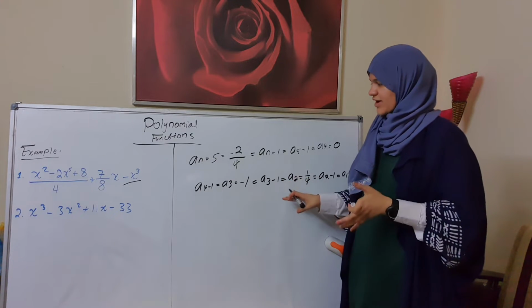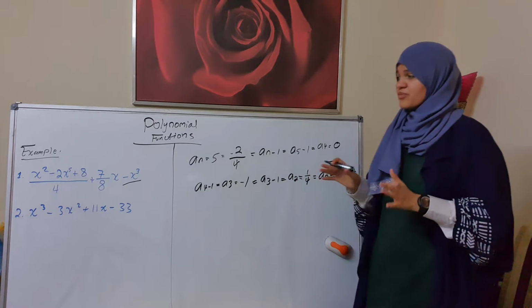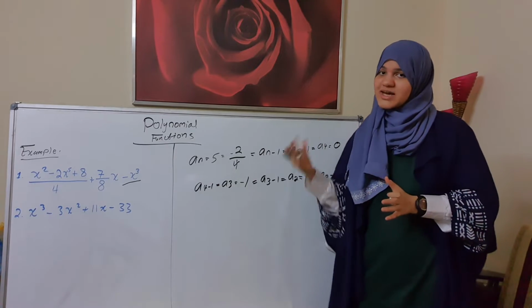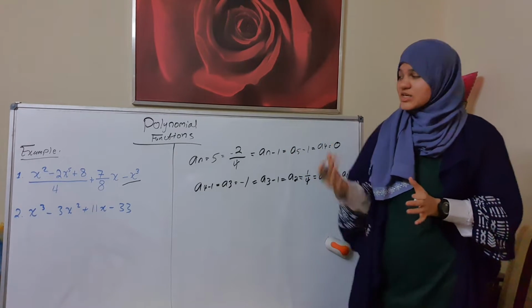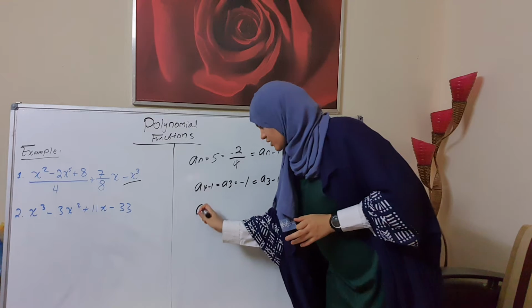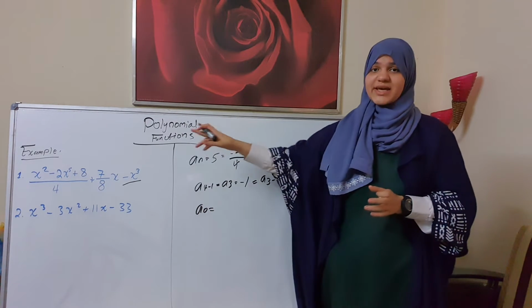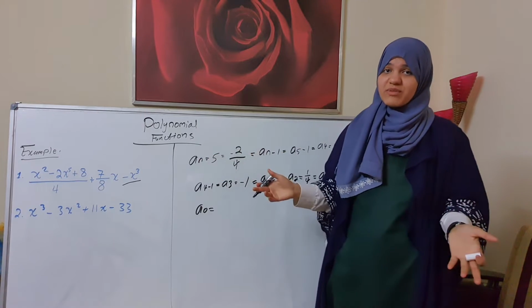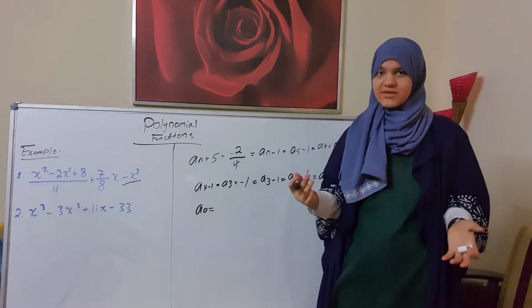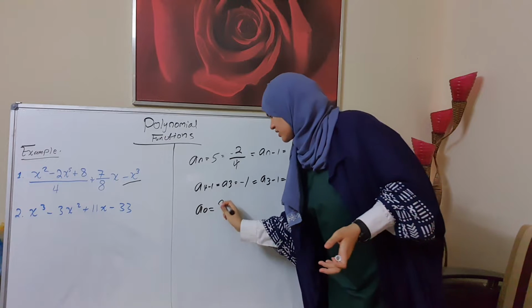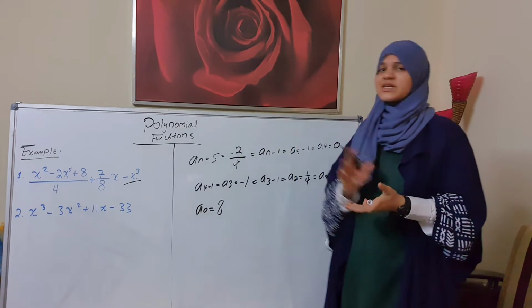So we found the an. But now, what is the constant term, which is a0? It will be a constant number, which is plus 8, because 8 doesn't have any variable. So 8 is the constant term for this example.